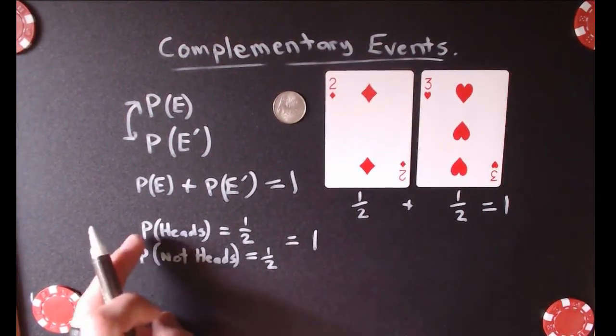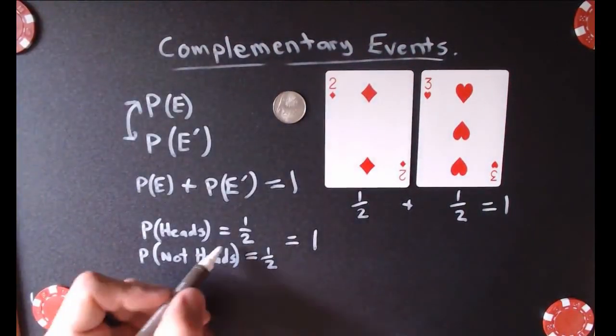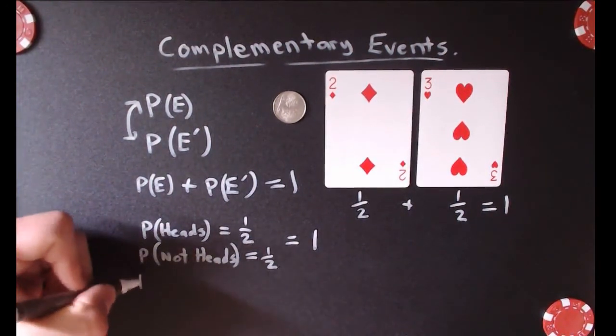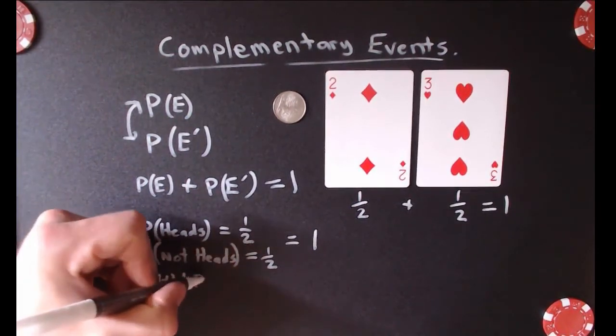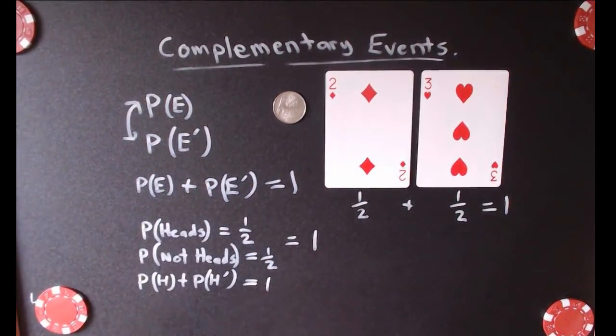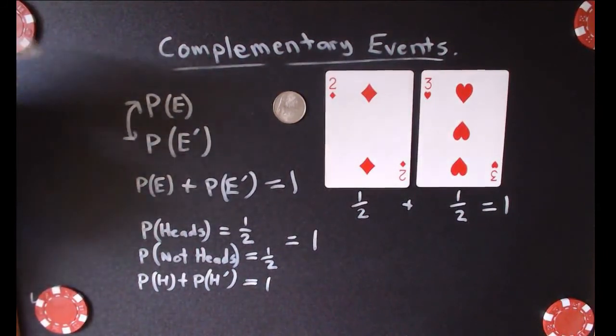In this example, heads would be the E, the desirable outcome, and not heads we could denote as a prime for its complement. So this could be the same as probability of heads plus probability of heads prime, meaning not heads, gives us 1. So they're the same thing. The E is just our general notation. E refers to the desirable event that we want to happen.